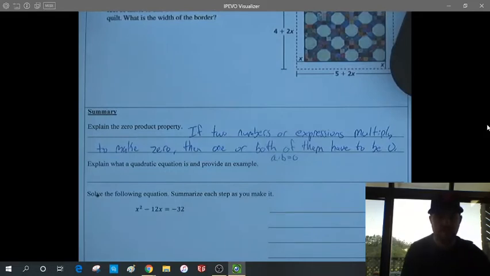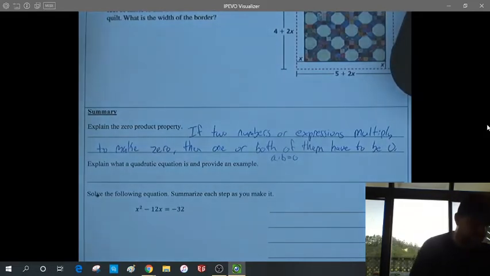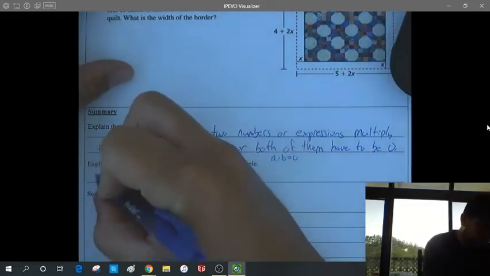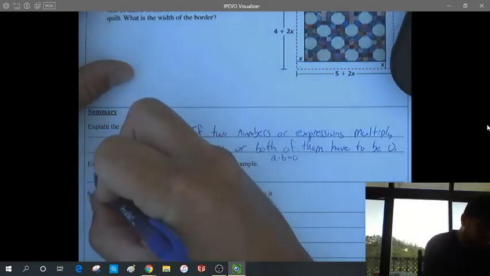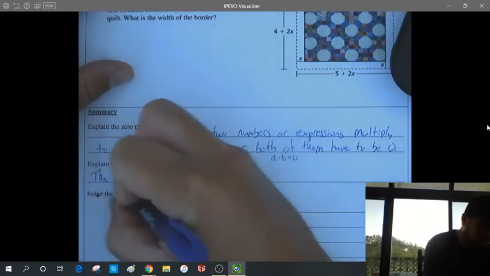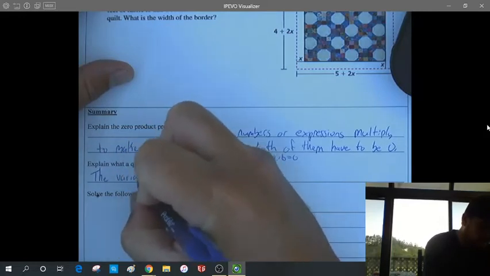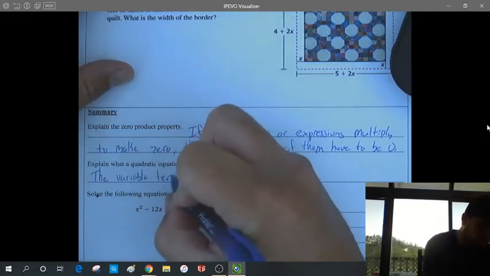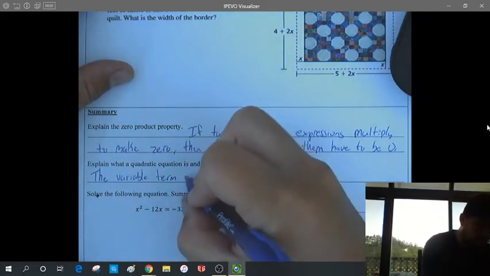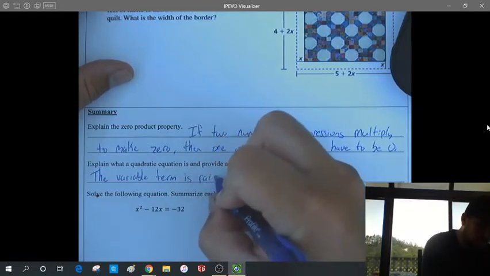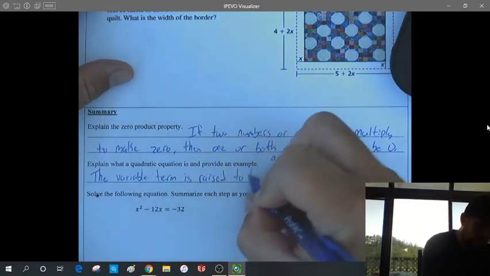Okay, explain what a quadratic equation is and provide an example. So the variable term is raised to the second power.